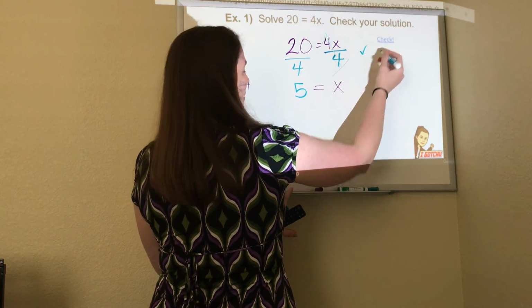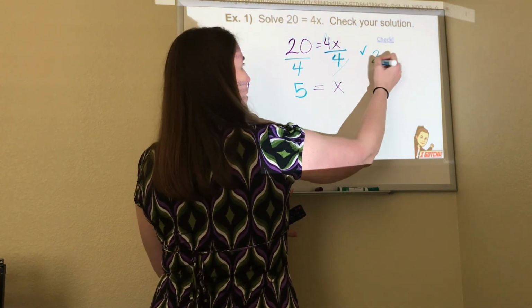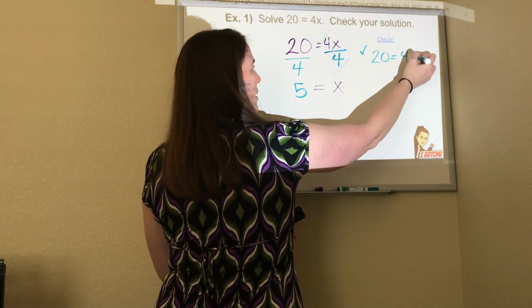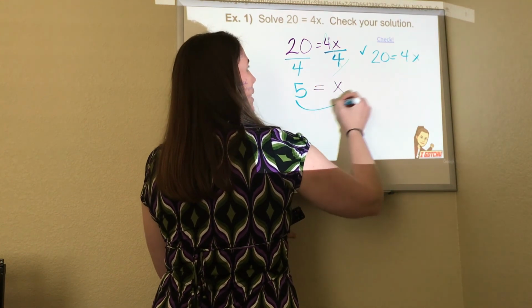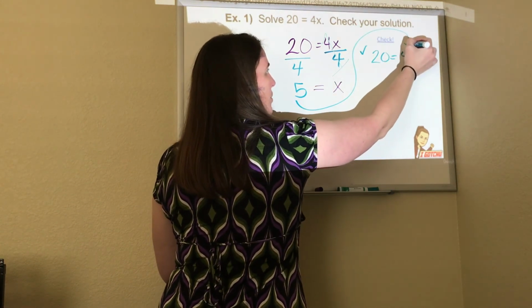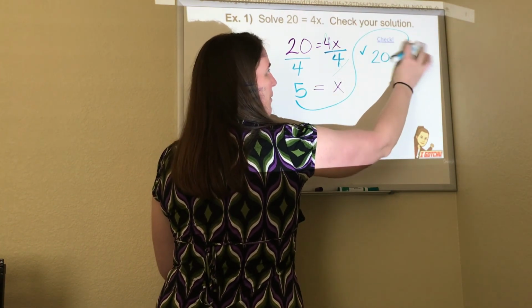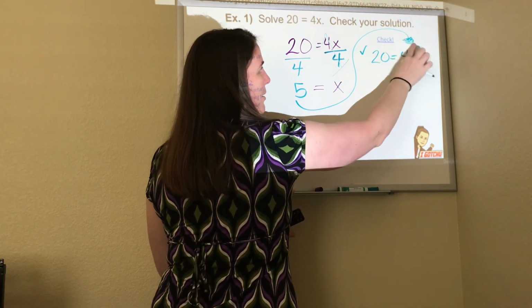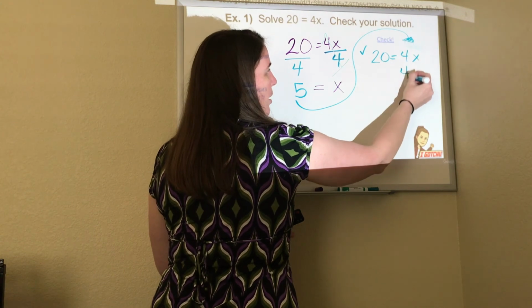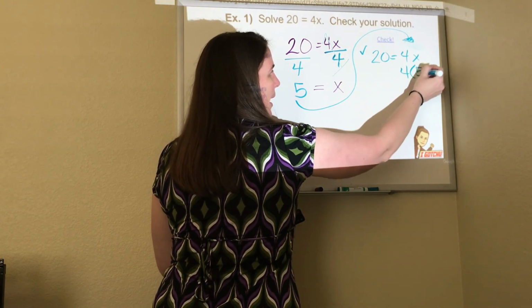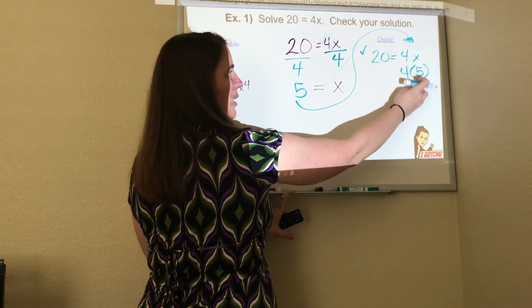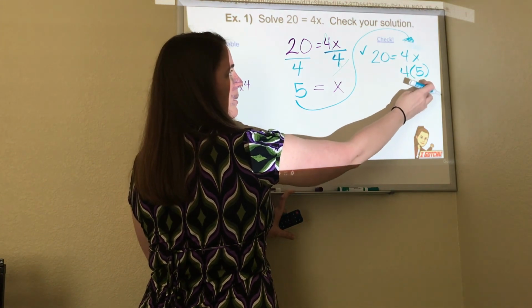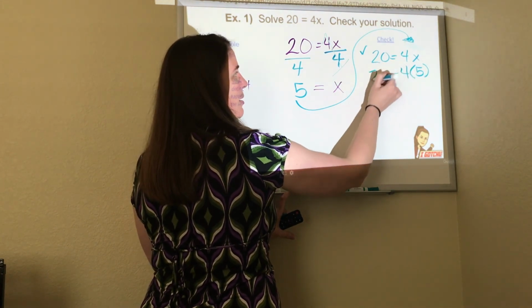To check my solution, I rewrite my original equation, so 20 equals 4x, and then I plug in or substitute the 5 into the x. So 4, and then I put the 5 in for the x. So the only thing I changed is that it says 4 times 5 now instead of 4 times x.